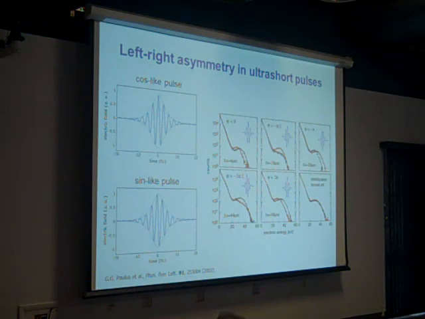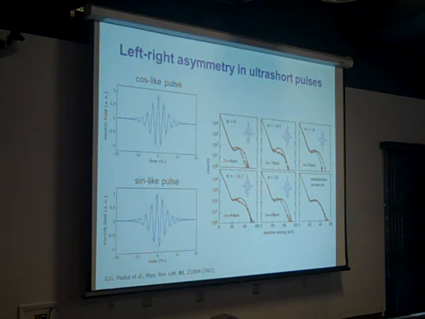And then I can generate different kinds of fields, which we call either cosine-like or sine-like, for example, where either the maximum of the electric field appears exactly at the maximum of the envelope of the pulse, which we would call a cosine pulse, or where the zero of the electric field oscillation appears when we have the maximum of our envelope. This is a sine-like pulse.